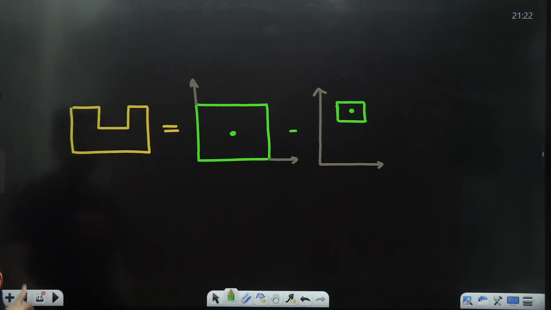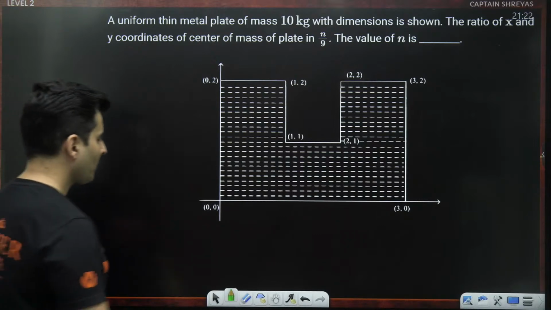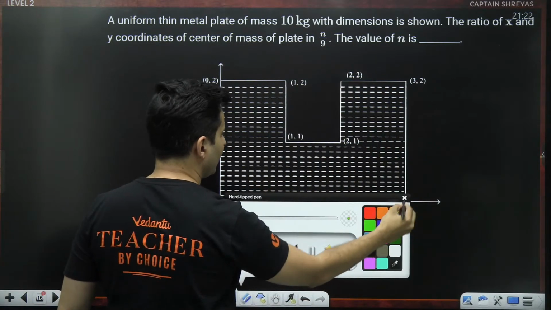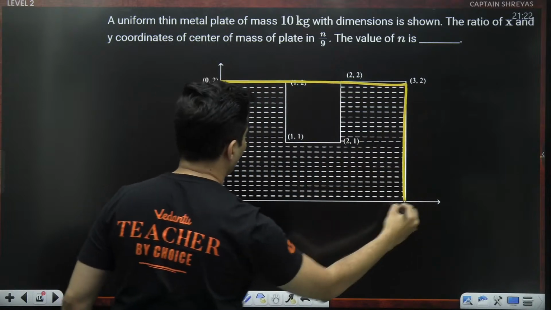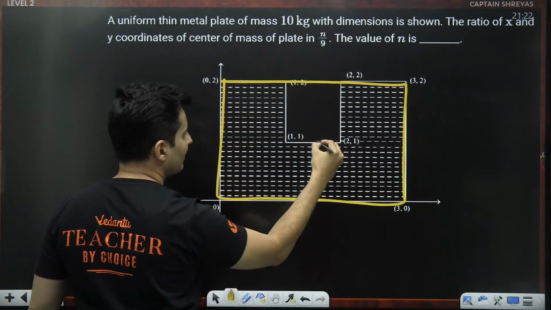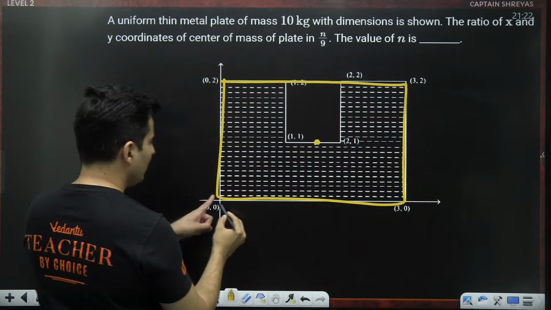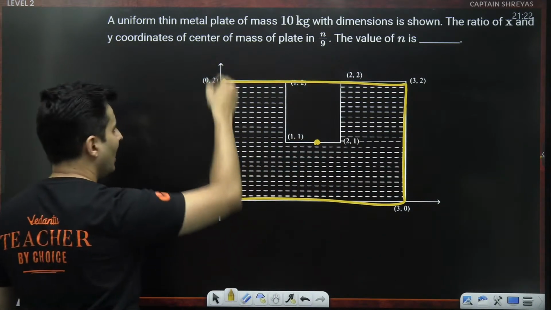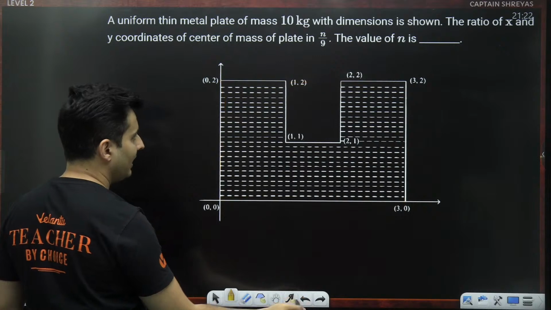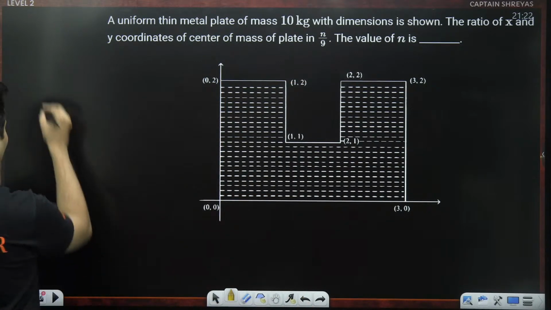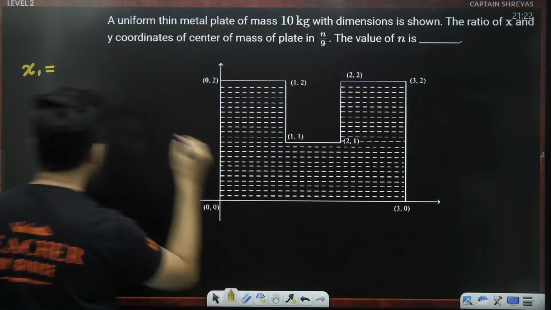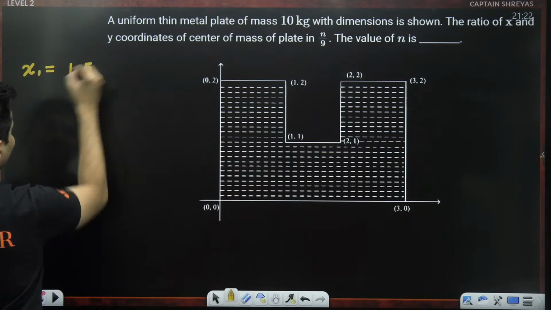So what is the location of the center of mass? Let's think. If you look at the entire thing as a whole, the center of mass will be somewhere here. Just imagine, this is 3, this is height-wise 2 units. So the center of mass x1, x coordinate-wise, will be at 1.5.